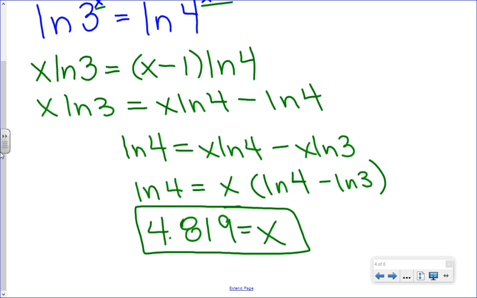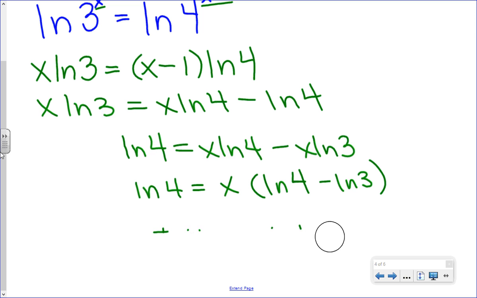What do you divide it by after taking natural log of 4? You want to divide it by just that number, to get x by itself. So you're taking the natural log of 4.